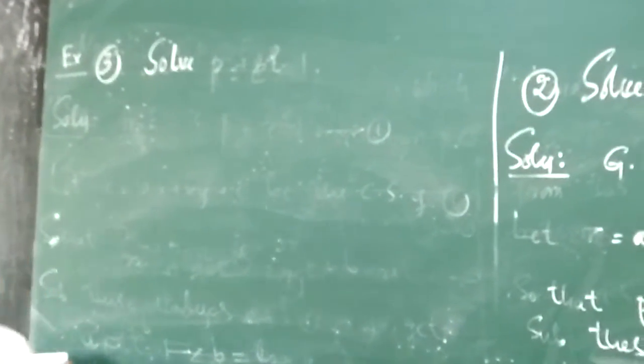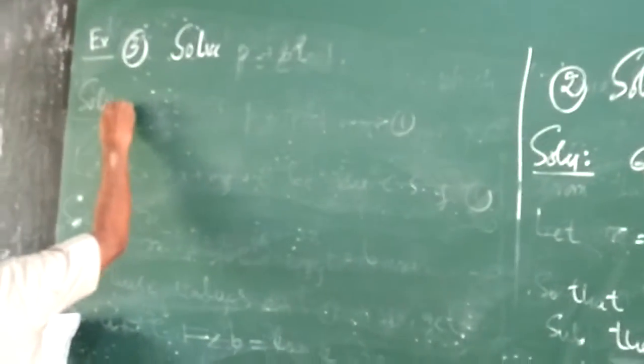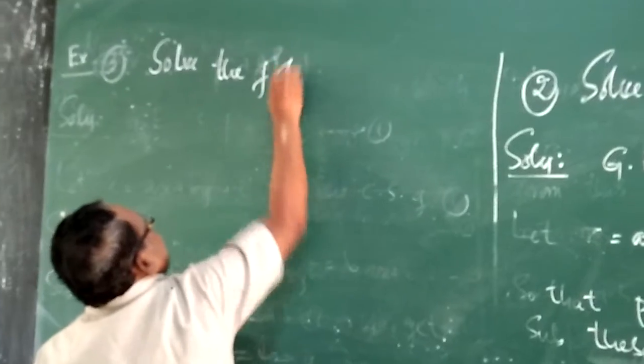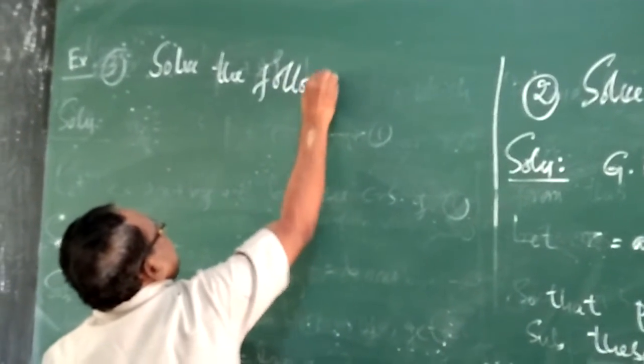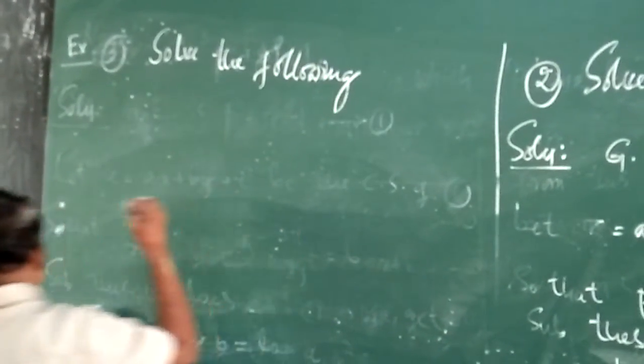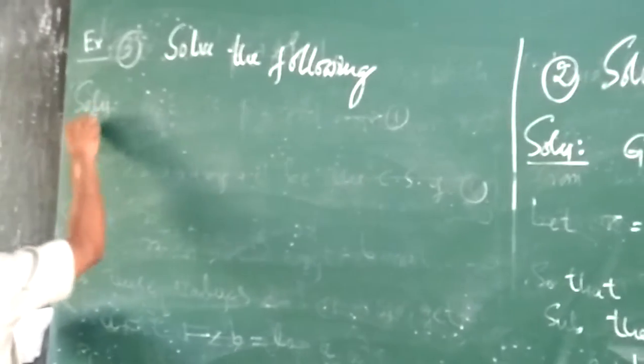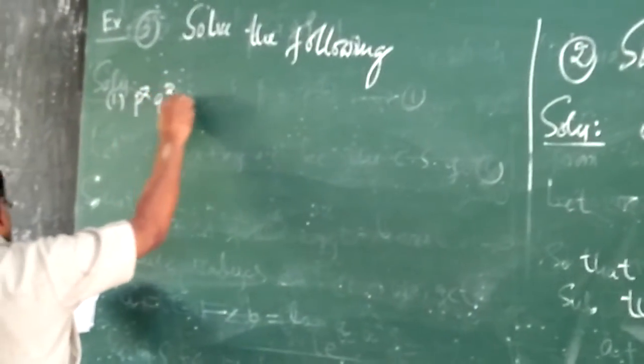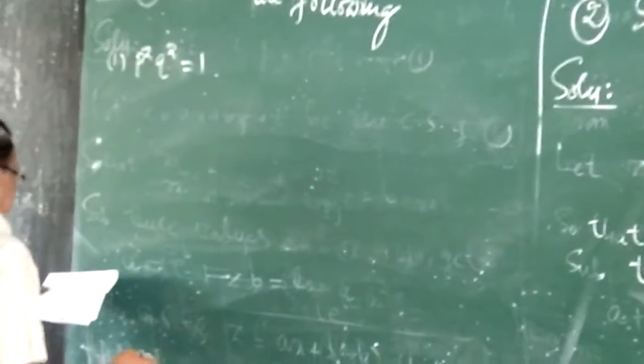Example number 1 is solve the following: p squared into q squared is equal to 1.